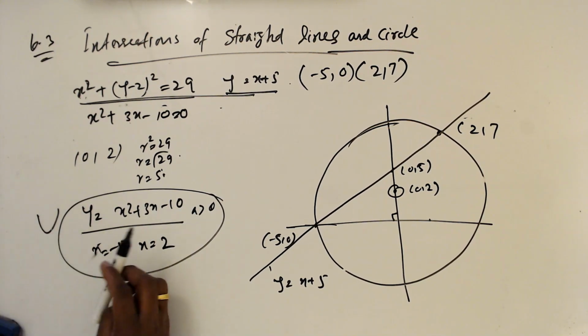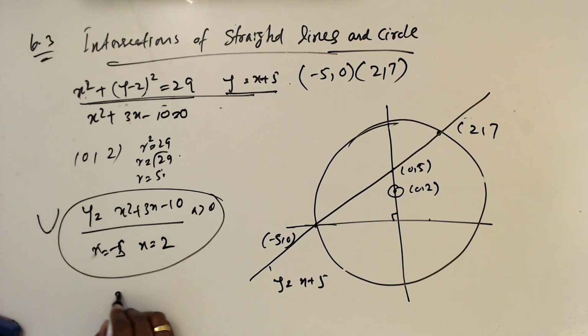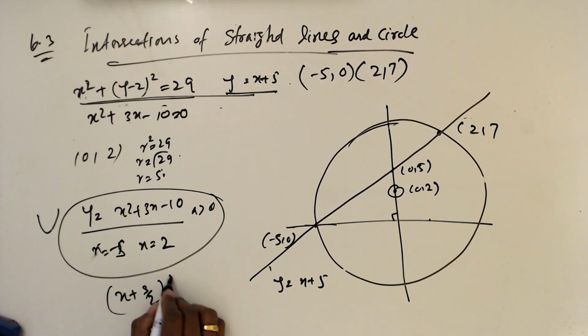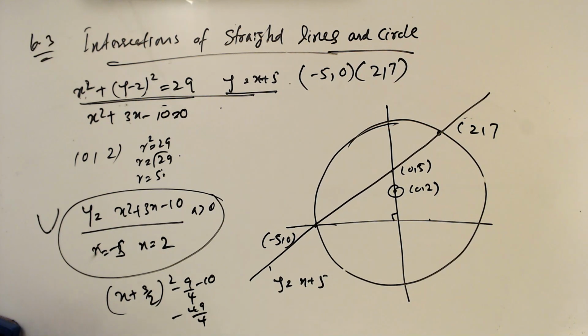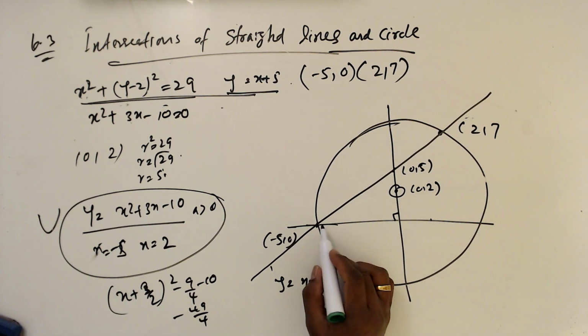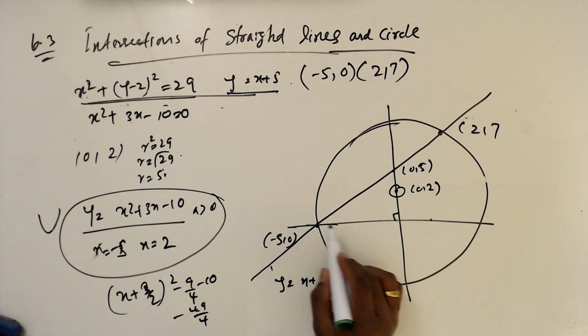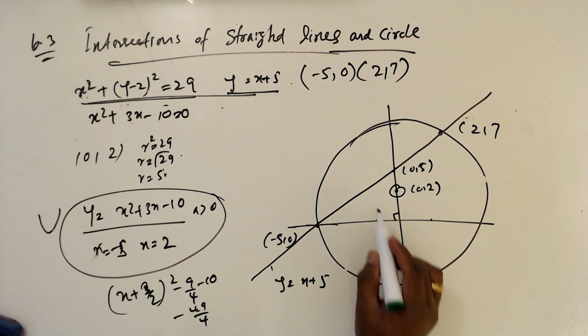So what else do I need? x plus 3 over 2 square is going to be the symmetric line. So then 9 minus 9 over 4 minus 10, minus 49 over 4. So the symmetric line is going to be 3 over 2, meaning 1.5, somewhere here.